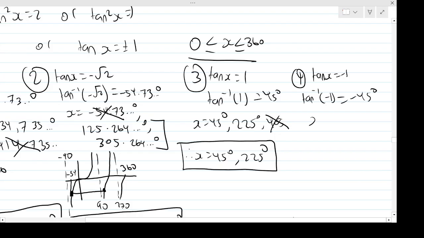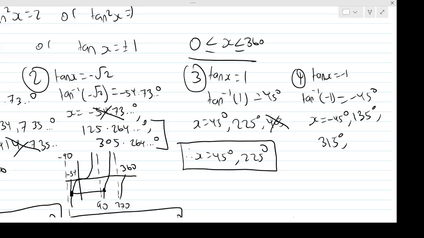So then my first solution would be minus 45. So then again, with tan, it's just adding 180 on. Hopefully you spotted that with the first two solutions. So adding 180 on, we get 135 as the next solution. If we added another 180 on after that, we get 315.